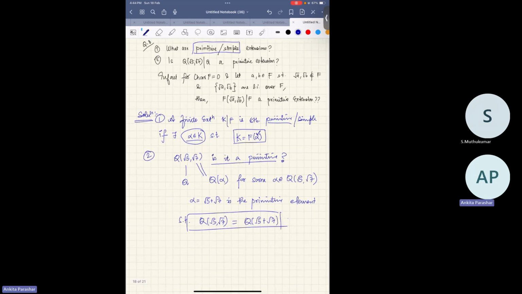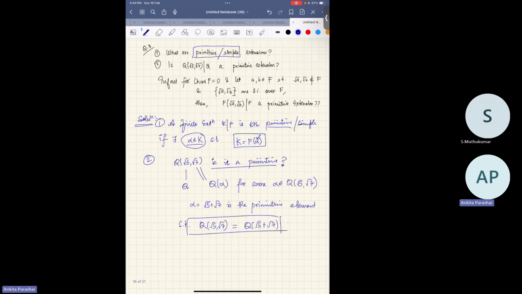All right. In fact, for a characteristic zero field, maybe characteristic not equal to 2 is enough, you take two elements of the field such that root A, root B do not belong to the field, just like root 5, root 7 do not belong to Q. If they are linearly independent over F, what is the meaning of linearly independent?